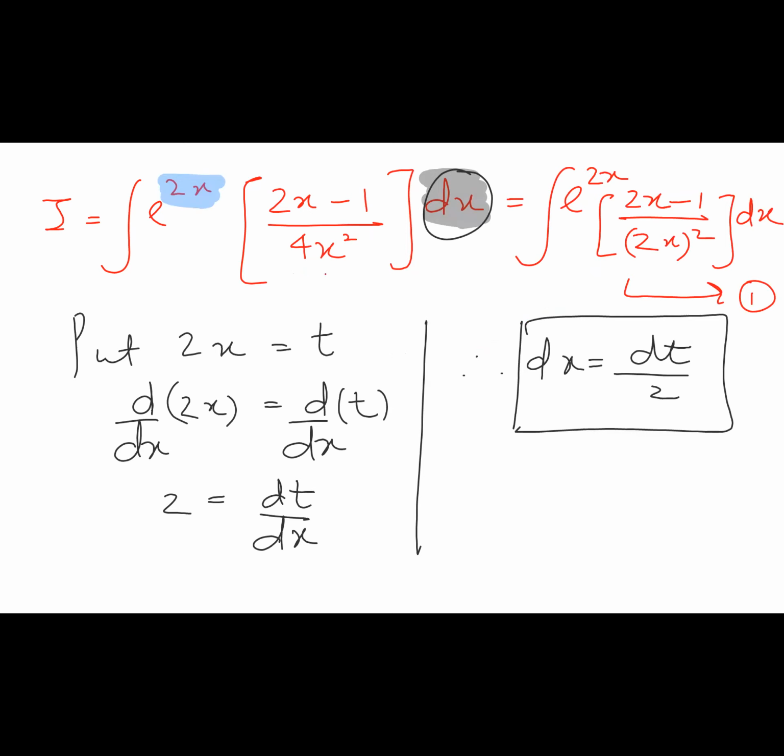So 4x square is written as 2x the whole square. Now from 1, I is equal to integral of e raised to t (t minus 1) upon t square.